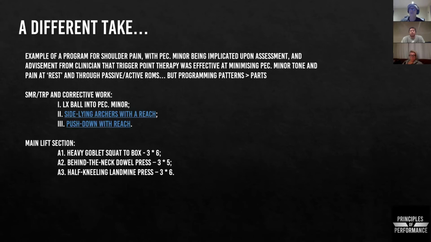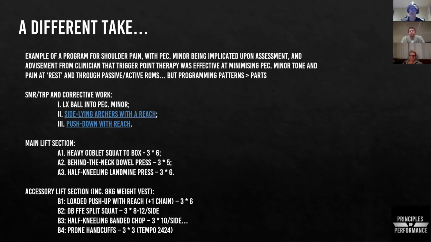So I just suggested maybe changing the way that we thought about the process. Something like a half kneeling landmine press is a great way to reintegrate the entire shoulder girdle as a dynamic stability exercise while the hips remain statically stable. The half kneeling banded chop is the same, but we're just getting the thorax involved as well.